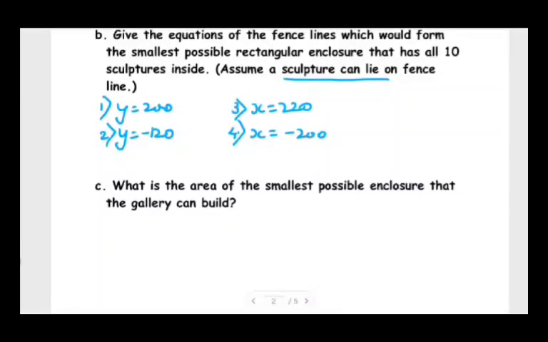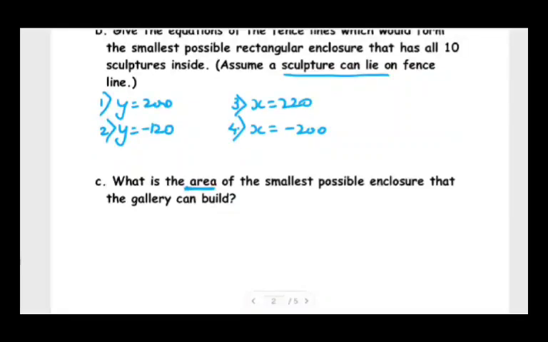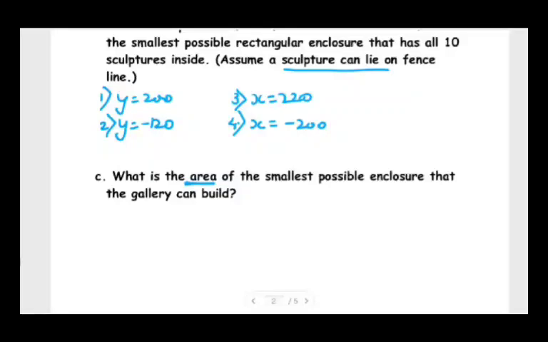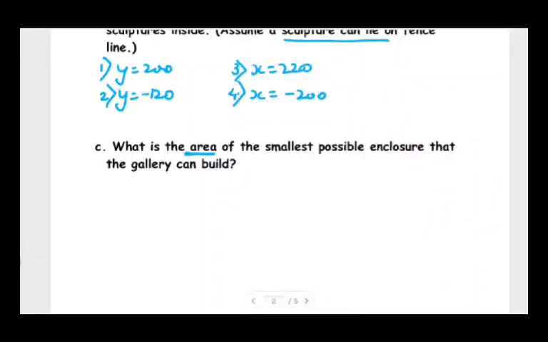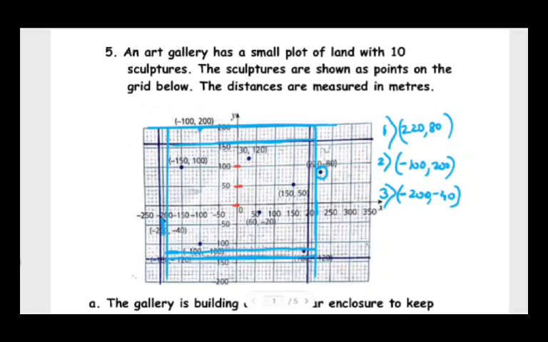What is the area of the smallest possible enclosure that the gallery can build? So we have to find the area. So now children, we will have to calculate the distance between 2 points. Starting from point 0, this is 50, 100, 150 and 200.